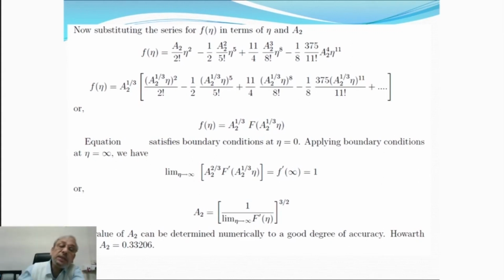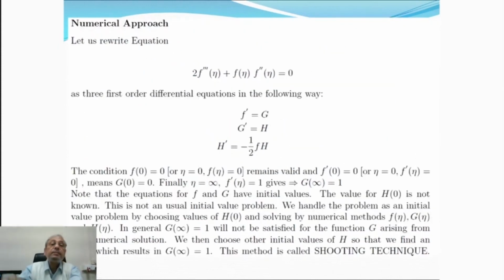Up to that point, everything was done analytically, and a2 was found as 0.33206. Now what we did here can be done through a full numerical approach. We write the Blasius equation: 2f triple prime(eta) plus f(eta) into f double prime(eta) equal to 0.